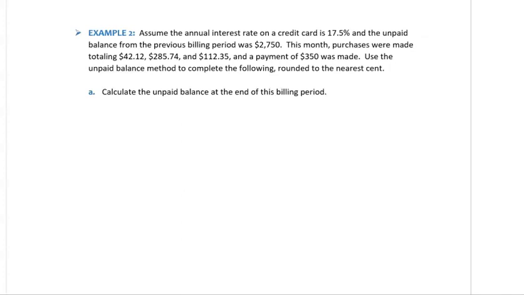So to calculate the unpaid balance, we first need to find the finance charge on last month's balance. So that's the first step.